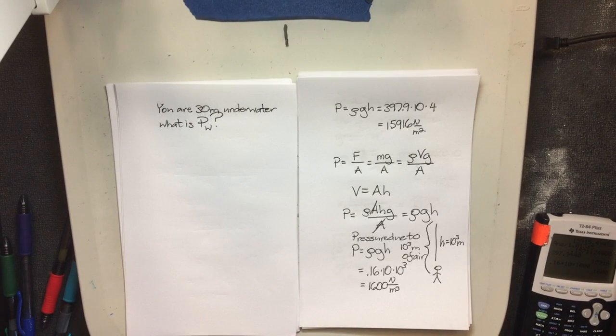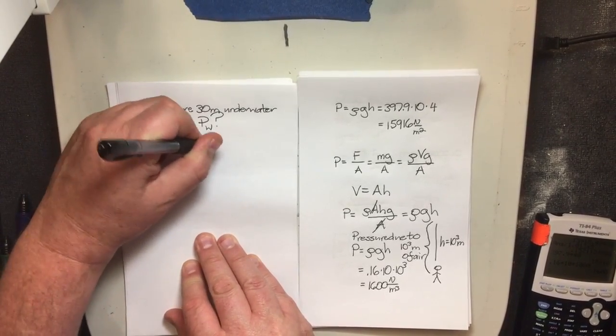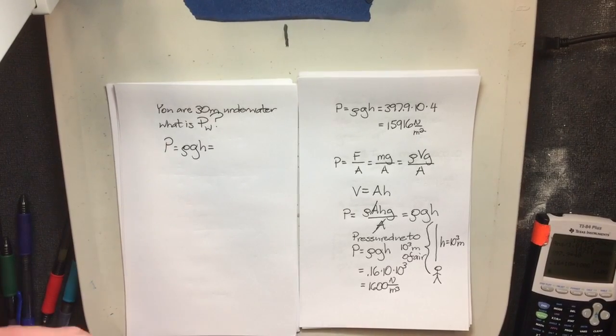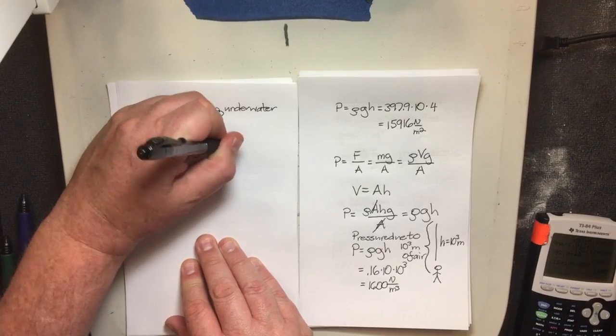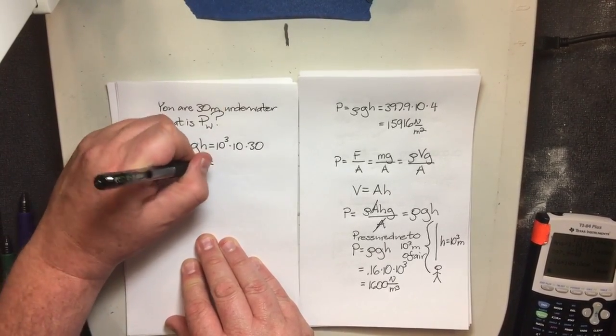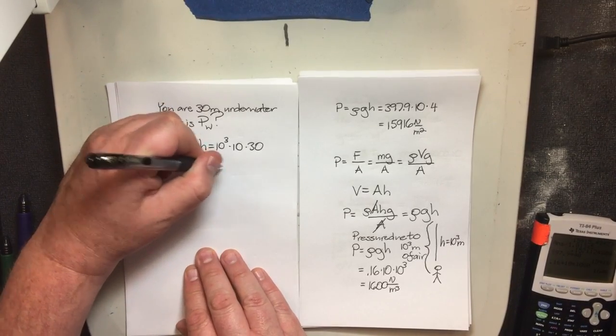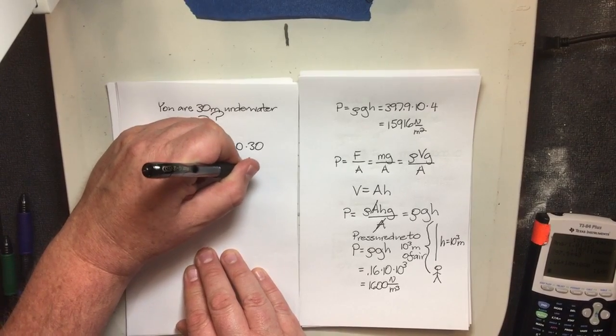So now we've got a tool that we can use. P equals rho g h. The density of the fluid is the water, or 1,000. g is 10. h is 30. Or 3 times 10 to the 5th newtons per meter squared.